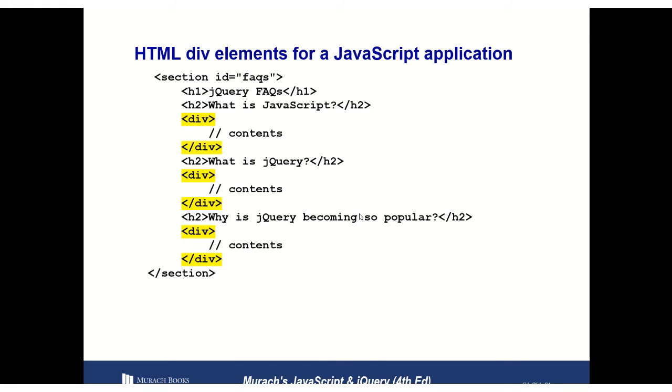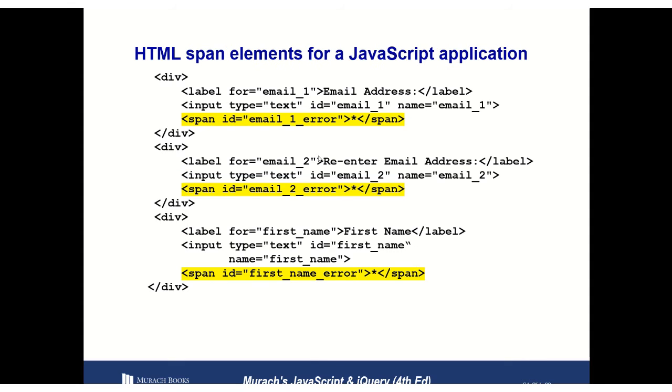You have to remember this when you write the code. For example, you have the div and you put the contents here. That's pretty much how the div looks for a JavaScript application. And then the span is something like this, the inline element.